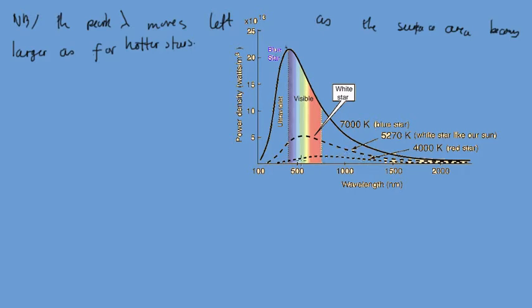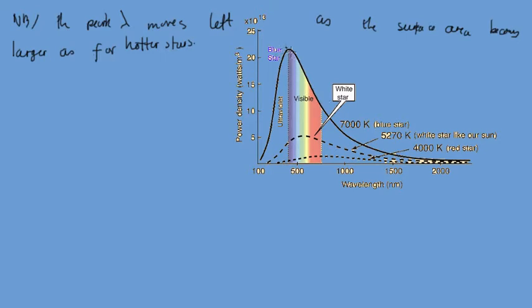And so you see the general shape is still the same because they're all black bodies. But you see how the different stars have their different peak wavelengths, and that corresponds to the temperature of the star. And because the peak wavelength is shifting depending on how hot the star is, stars of different temperatures will appear to have different colours.